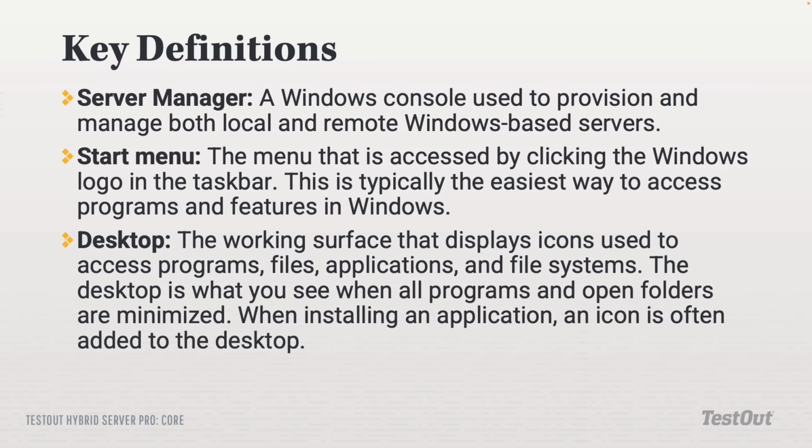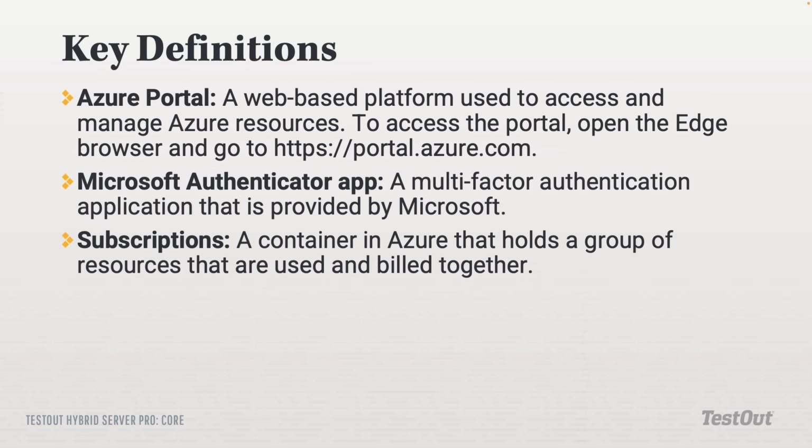And then we have subscriptions. A subscription is kind of a bucket that holds all of your resources that are billed together. So what we mean by that is, let's say you're working with 4 different clients. They're each going to have separate things that they're billed for. They're going to have their own separate subscription for utilizing those resources. So again, with the cloud, you pay for what you use, which is good and bad, right?